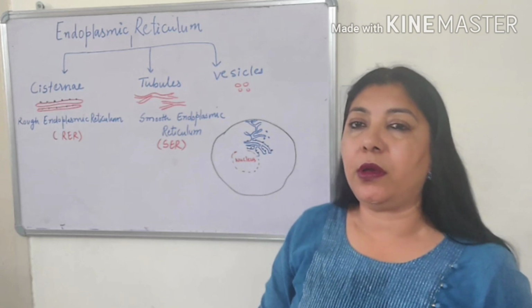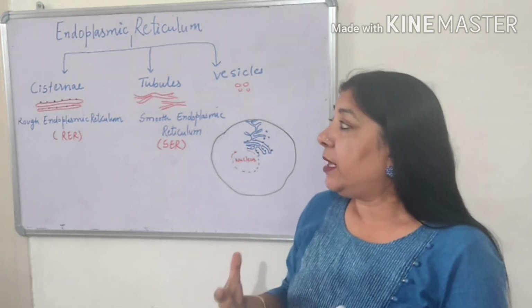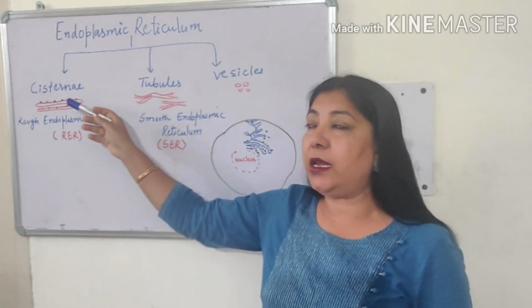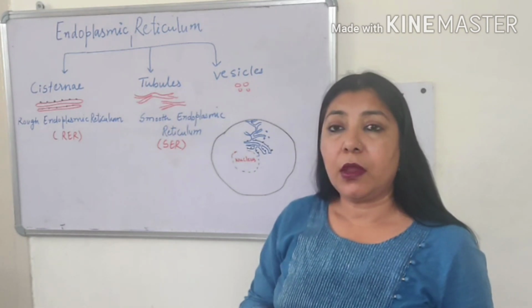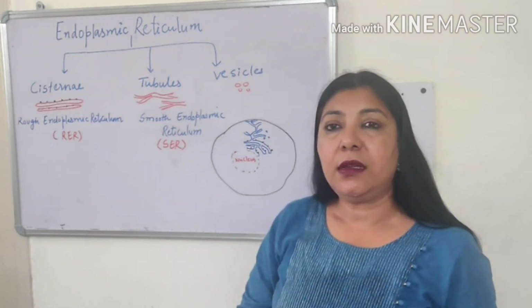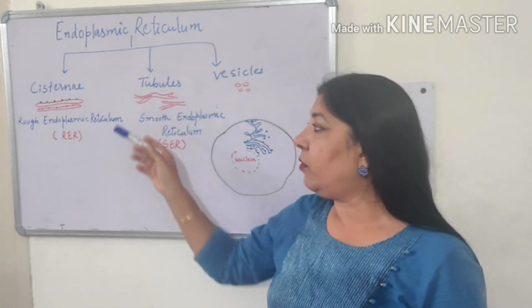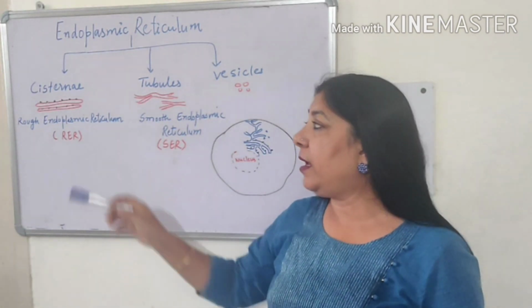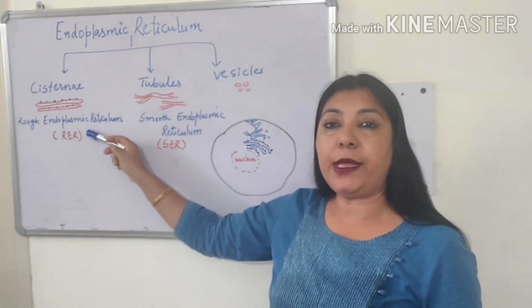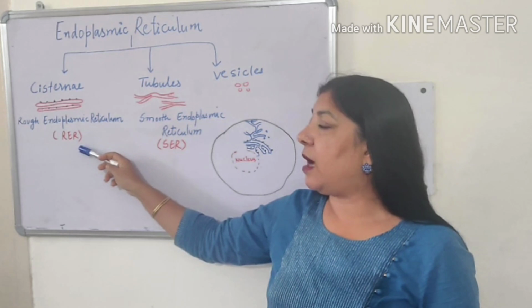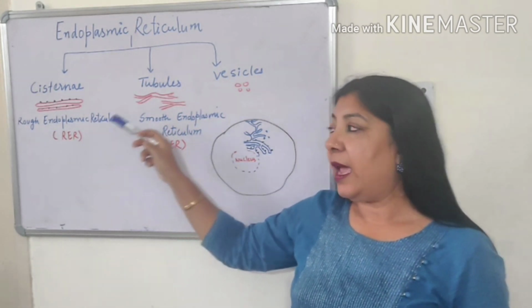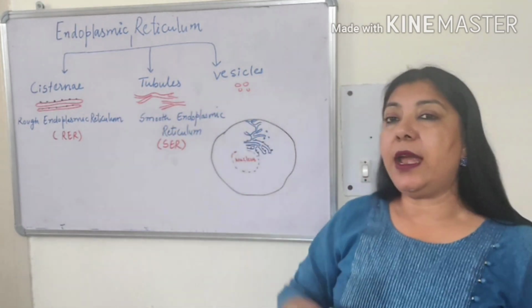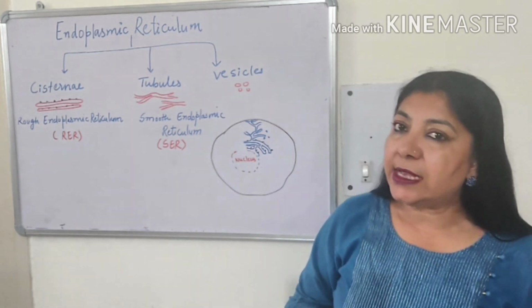Now depending upon how much is the percentage of cisternae and tubules, we can categorize the endoplasmic reticulum into two categories. One is rough endoplasmic reticulum, that is RER, and second is smooth endoplasmic reticulum, SER.